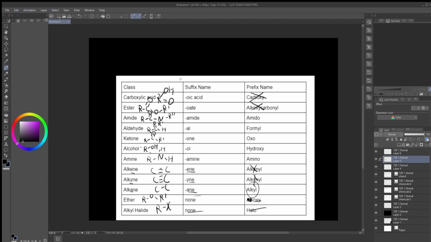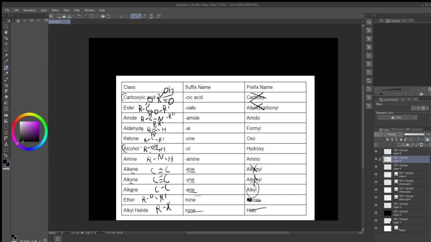And so that was a very brief introduction to functional groups. Another thing you have to consider is polarity. It's very important for functional groups. So functional groups such as carboxylic acids and alcohols will have very high polarity due to their OH bonds, which is a hydrogen bond, the strongest van der Waals force.